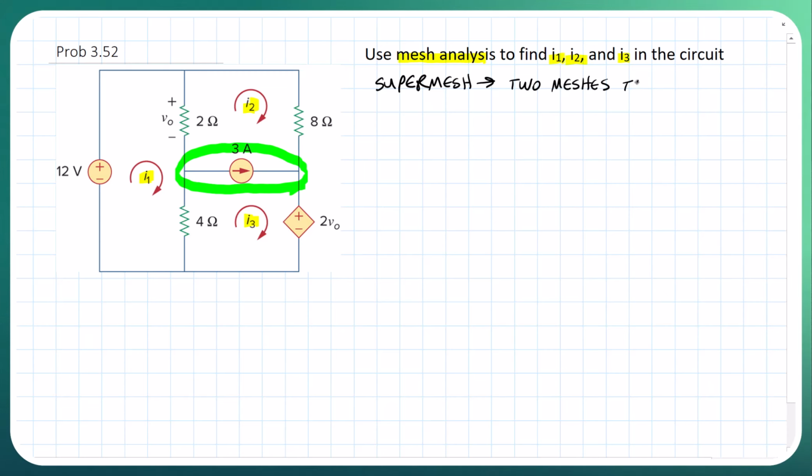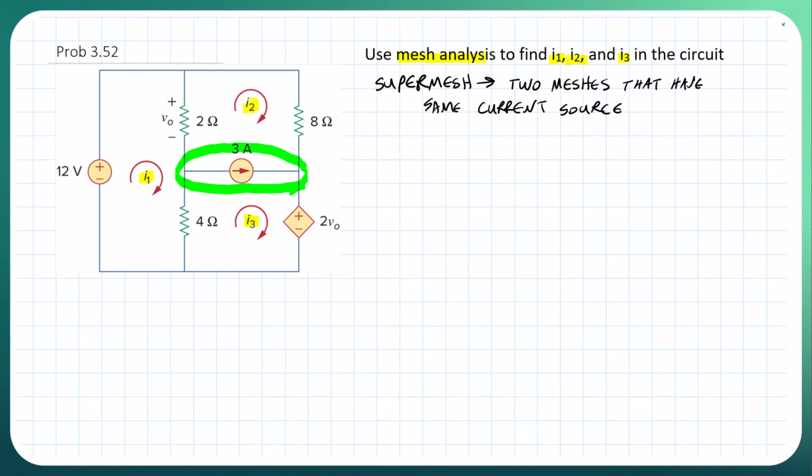So two meshes that have the same current source. Okay, and this could be independent or dependent. Okay, so in that case we can treat this in a different fashion.